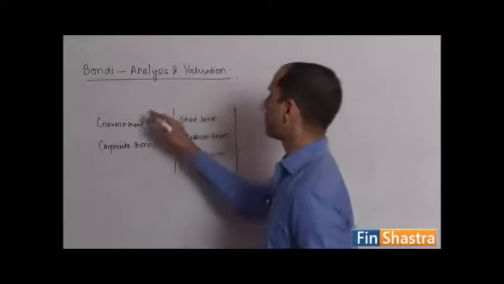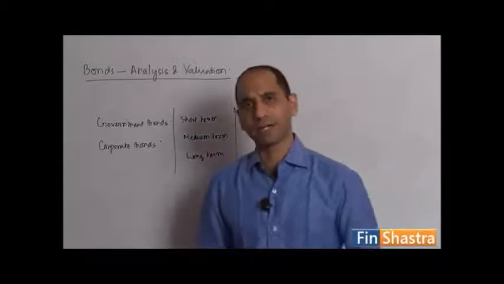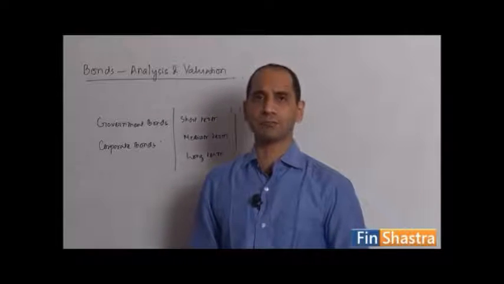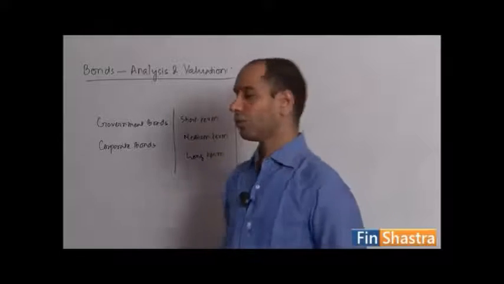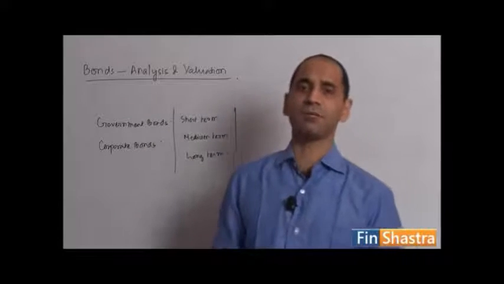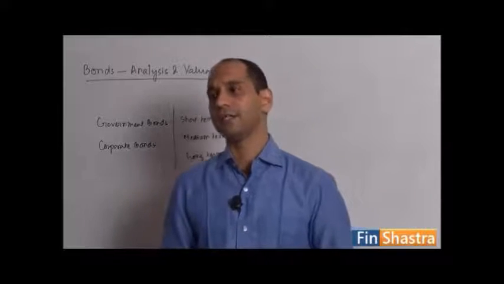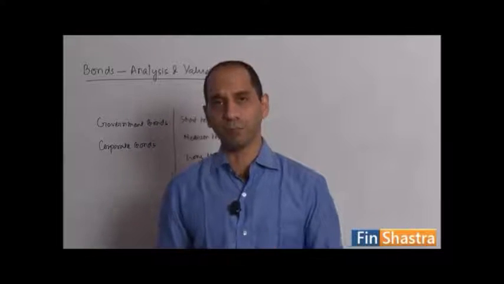So this is based on issuer, this is based on maturity, and the other way of categorizing bonds is in terms of its credit rating. So bonds which are issued by very high credit worthy issuers would tend to have good rating, and the others would tend to have a very poor rating.